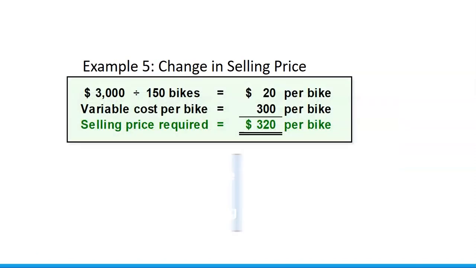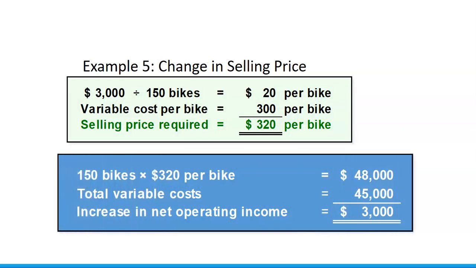So there we're going to look at, what is the variable cost per bike, and what is the amount that we want to generate from the sales. So we want to get an extra $3,000 from the sale of those 150 bikes, which means that we need $20 markup on those bikes to generate that extra income.